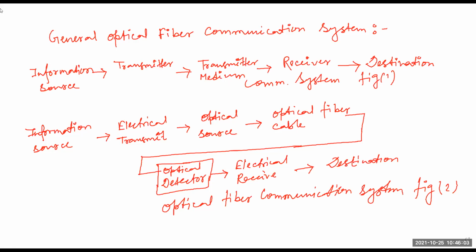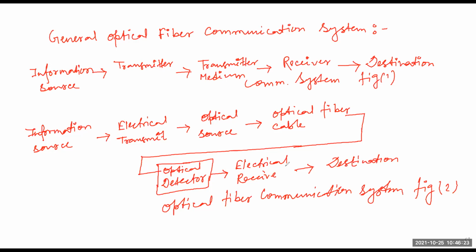So there is a lot of noise in any channel, and the channel mainly affects the signal as it passes from one end to the other. This is the basic concept of a communication system.